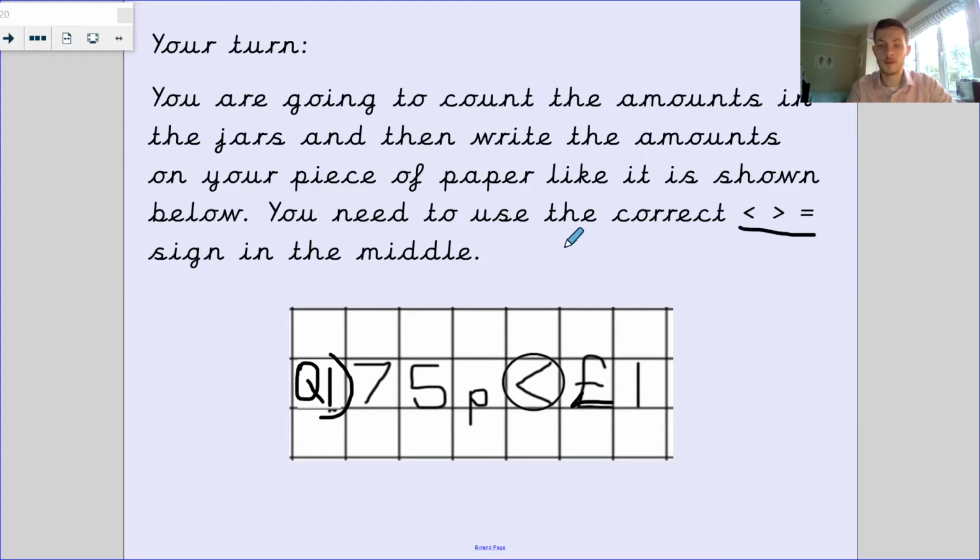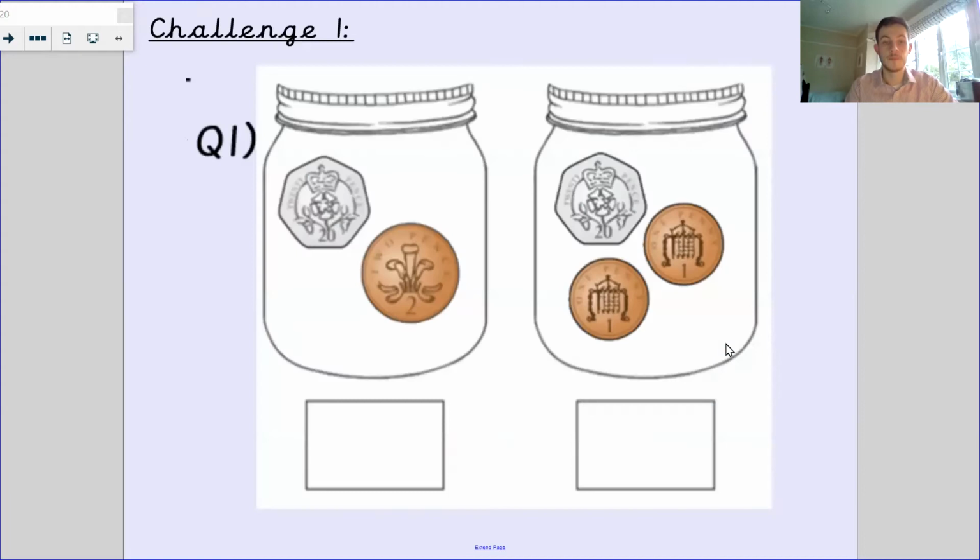You don't have to write it in a circle like this if you don't want to. Well, all I'm asking you to do is nice and neatly, in between these two numbers, just write in your more than, or your less than, or your equals to sign, okay? That is your task.